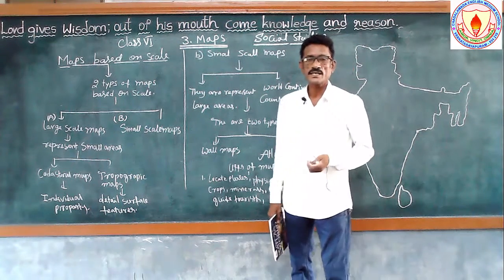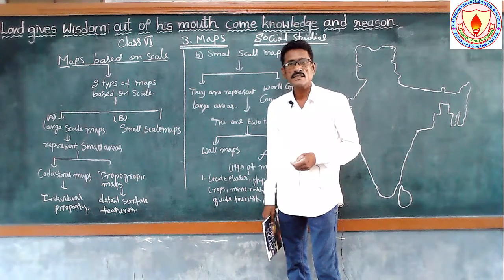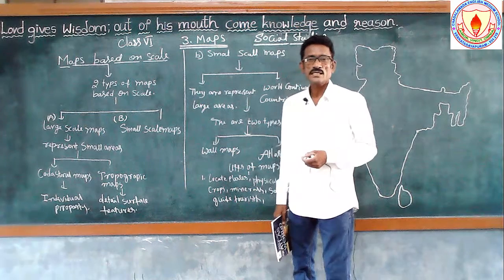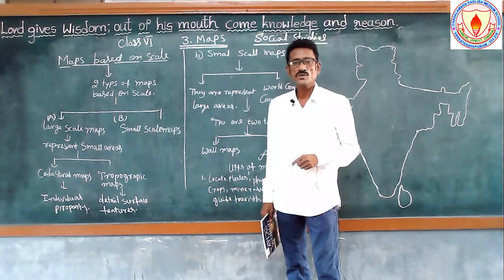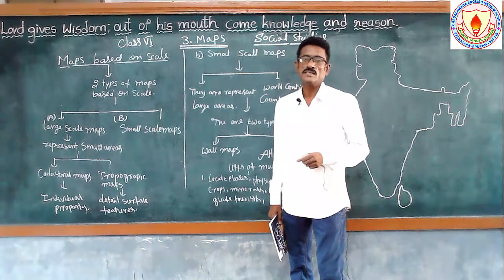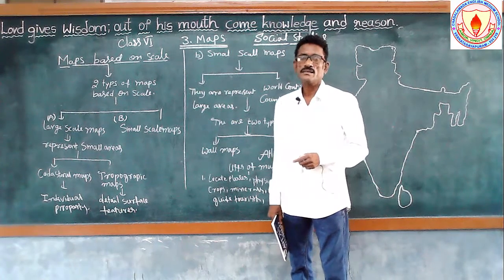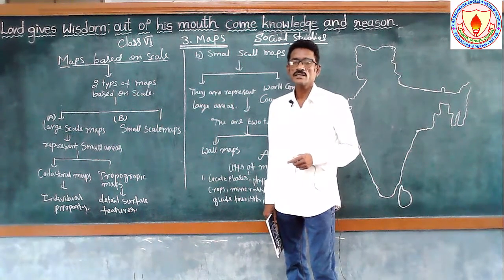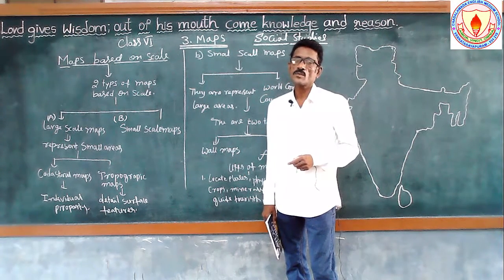These four are the main directions, and the intermediary directions are northeast, southeast, northwest, and southwest. So there are a total of 8 directions, and next are scale, symbols, and colors. These are the main components of maps.